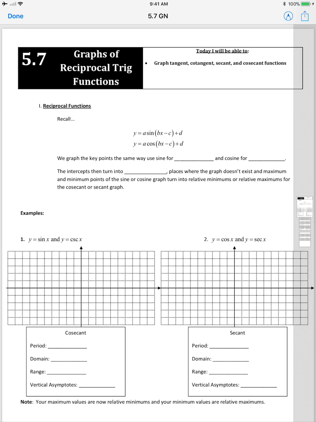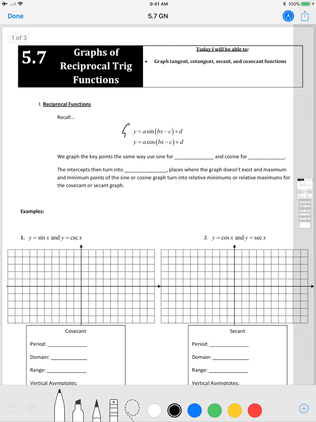So, the reciprocal functions, let's remember that we have our standard forms of just the regular sine and cosine functions. We're going to graph the key points the exact same way that we have already learned, that we've been tested on, that we've practiced a bunch. And we are going to use sine for the cosecant, and cosine to graph the secant function.